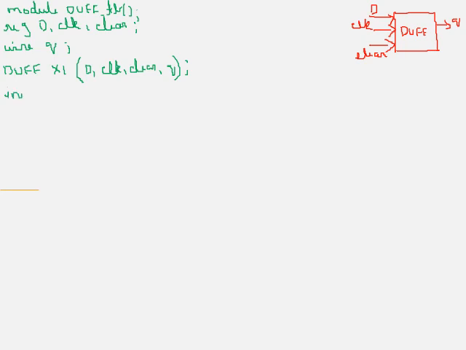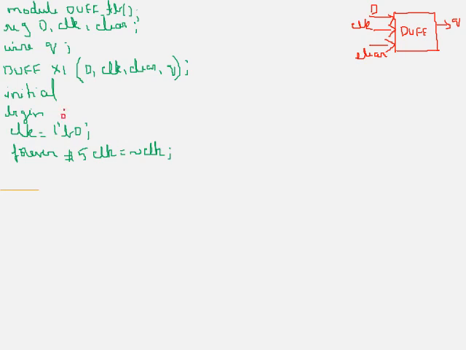Now first I will generate the train of clock pulses. In the question it is mentioned that you have to generate a clock of 10 time units. So begin, initially I will initialize the clock to 0 and use a forever statement: forever #5 clock = ~clock. What this will do is, for every 5 time units it will toggle.